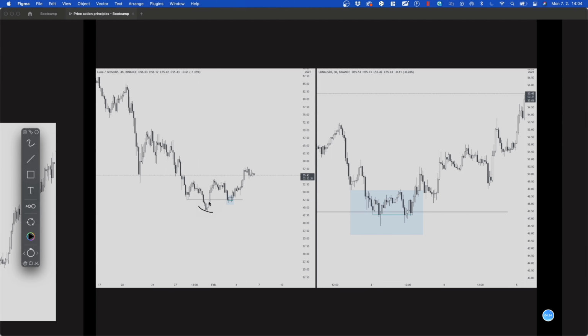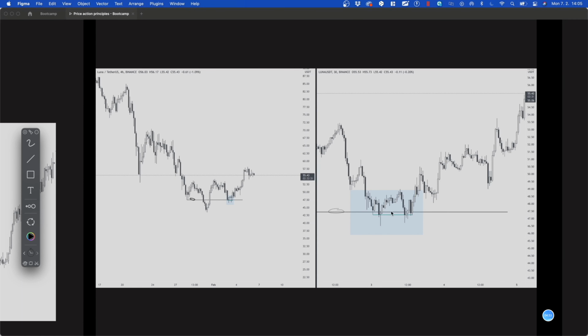Market then reclaimed it, tested it here, and moved away from it. If you take a look inside this highlighted blue box, which is this thing right here, you can see that the same pattern, and this is the H4 level, which is this one basically.